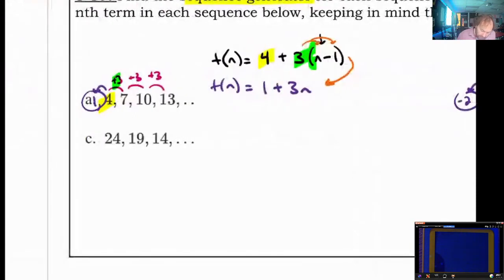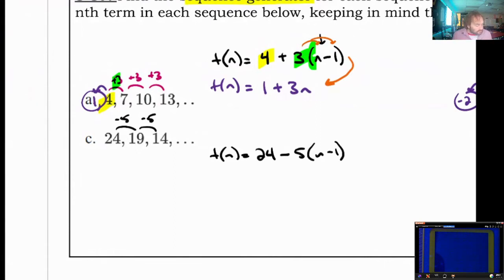Question C, this is actually going down by 5, subtracting 5, subtracting 5. There you go. So the first way to do this would be to take your first term, 24, and subtract 5 times n minus 1. That's the first way to do it. Or you can go back in time one step to 29, add 5, going back in time, and do t of n equals 29 minus 5n.